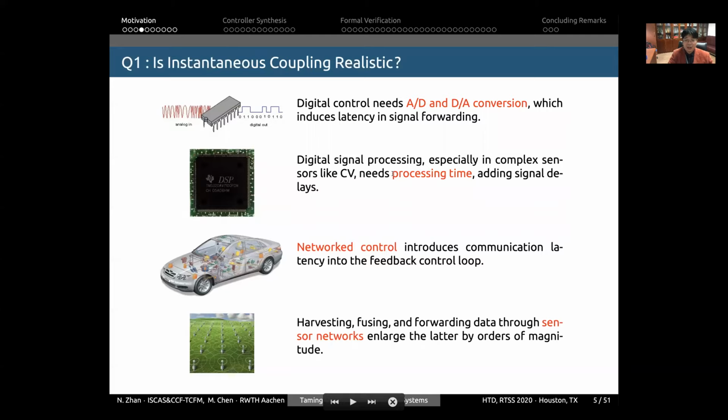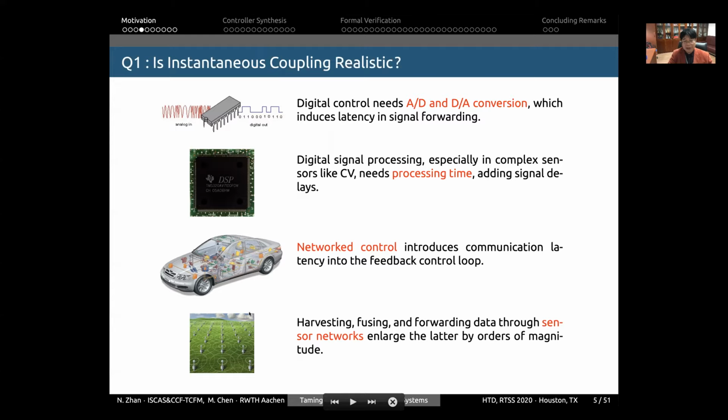Also, you see that when digital signal processing, especially in complex sensors like CV, it needs processing time, adding signal delays. Also, for network control, it may introduce communication latency into the feedback control loop, like the car network control. Particularly nowadays, Internet of Things are widely used.